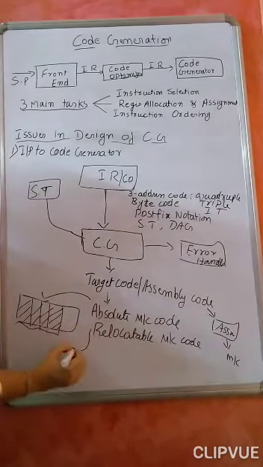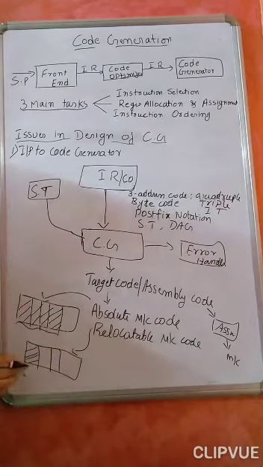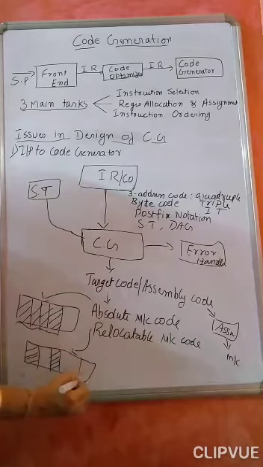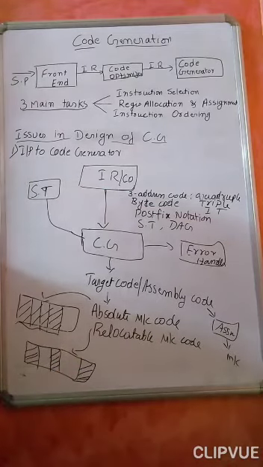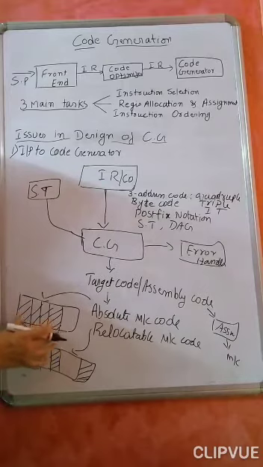Whereas when you come to the relocatable machine code, here you may have some object code for some sub problem, and somewhere else you may have an object code for some other sub problem. In the absolute case, the entire object code is stored in a continuous memory location, and it will be executed at once immediately.